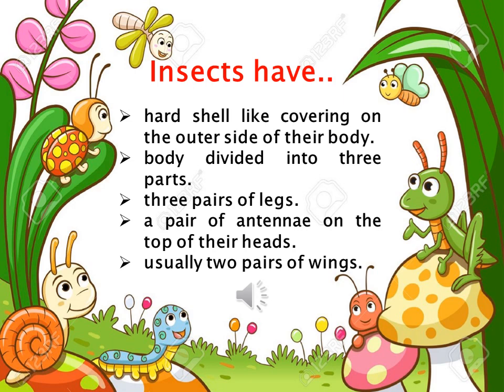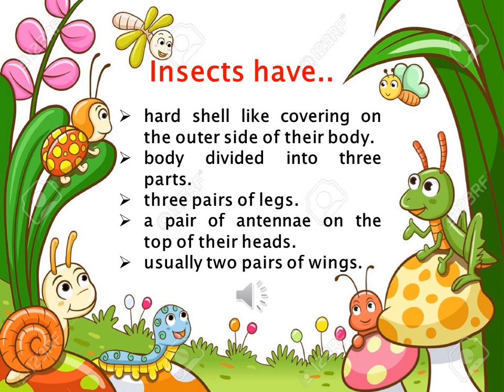If you have got a chance to touch any insect, you must have felt that its outer covering is somewhat hard. Second is, the body of an insect is divided into 3 parts: head, thorax and abdomen.